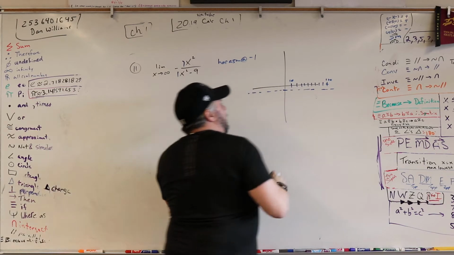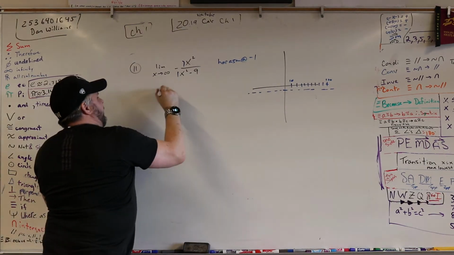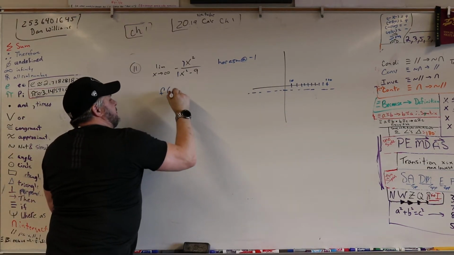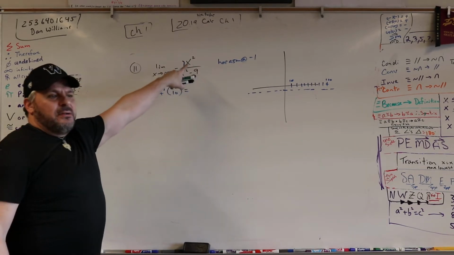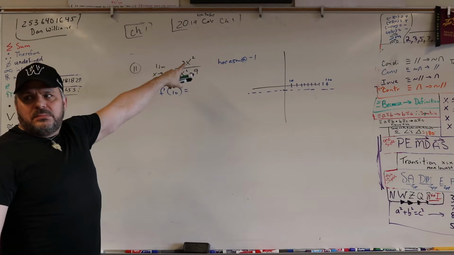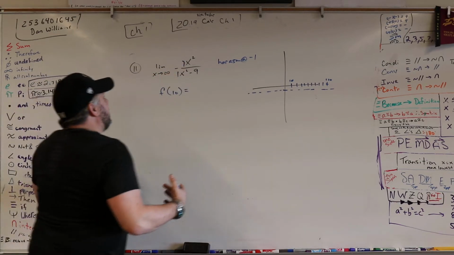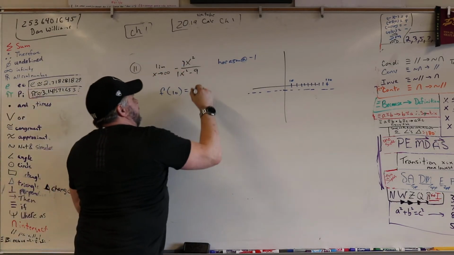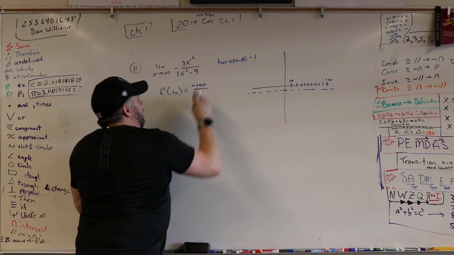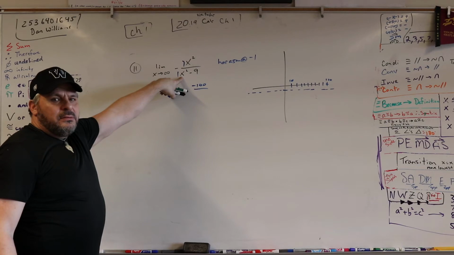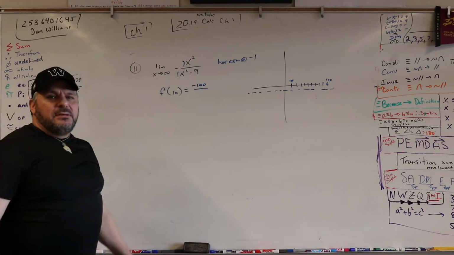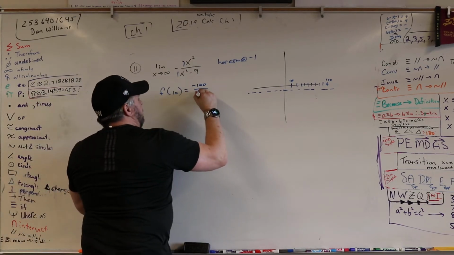If we talk about f of 10, then what is 10 squared? 100. So that'd be -100. And then what is 10 squared? 100. 100 minus 9 is 91, right?